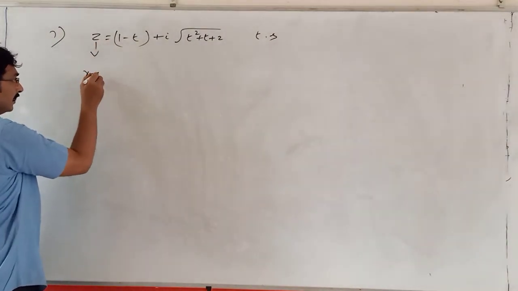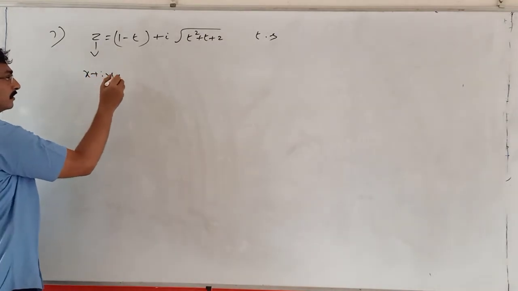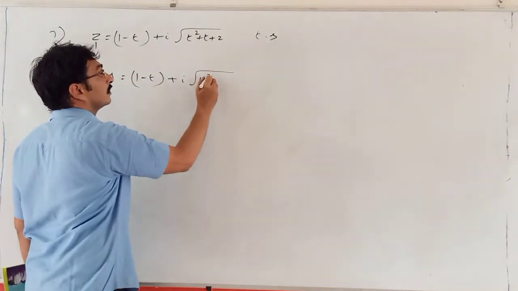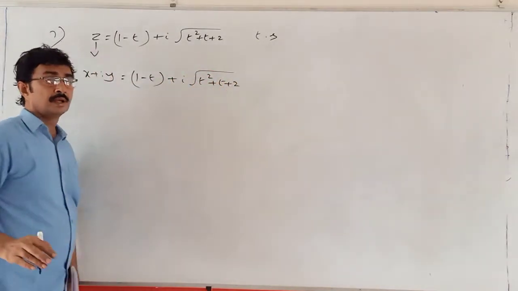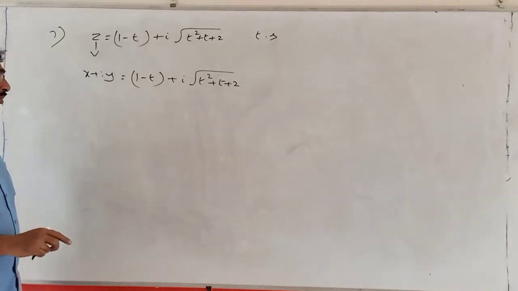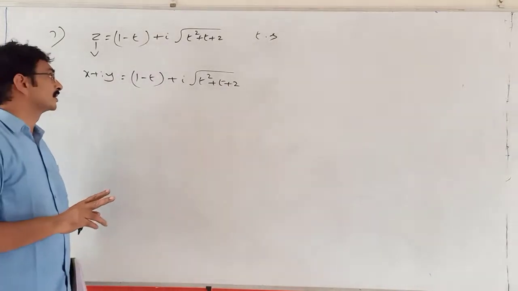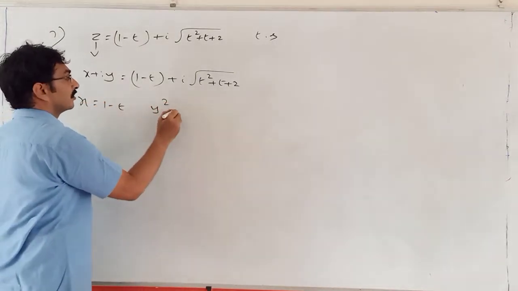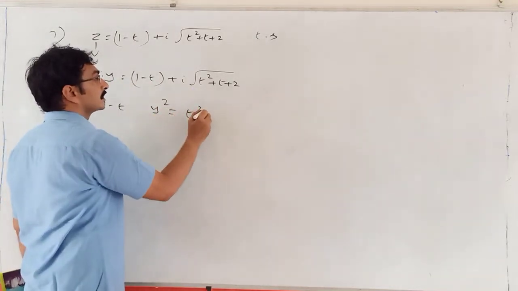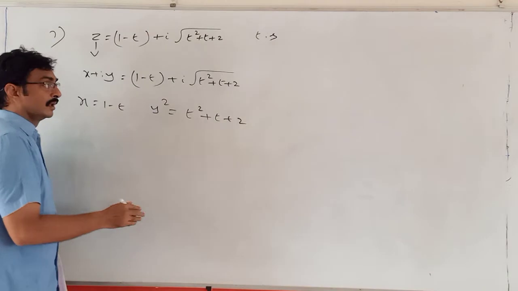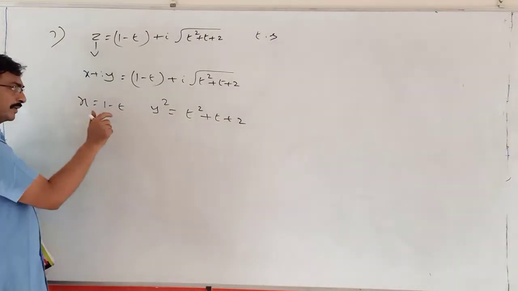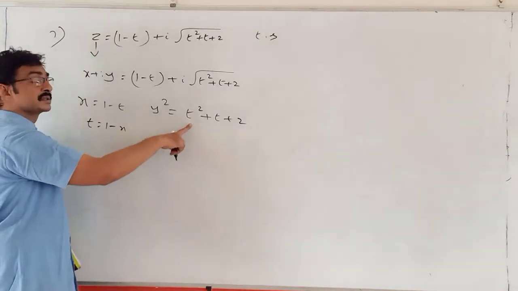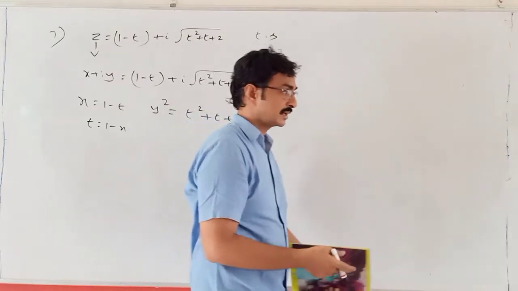So replace z with x + iy equal to 1 - t + i into the root of t² + t + 2. By equating real and imaginary parts on both sides, get two equations: x = 1 - t and y = the root of that, so y² = t² + t + 2. Now we have to eliminate t. Clearly from this, what is t? t = 1 - x. Now replace t with 1 - x and simplify to get the locus. That is required.